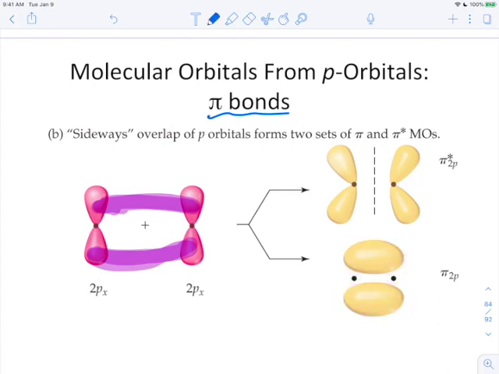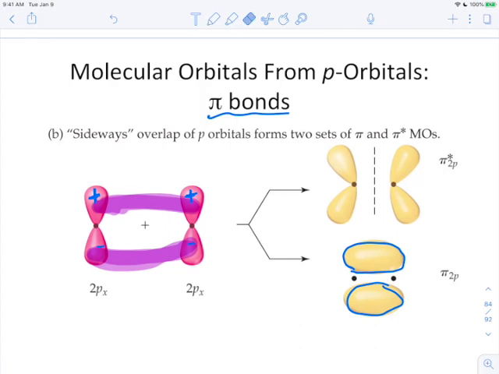But the bonding is, again, when we have their signs lined up. And it really doesn't matter which ones, if the top is the negative and the bottom is the positive or vice versa. All that matters is that when the signs are lined up, this is when we get the additive combination.